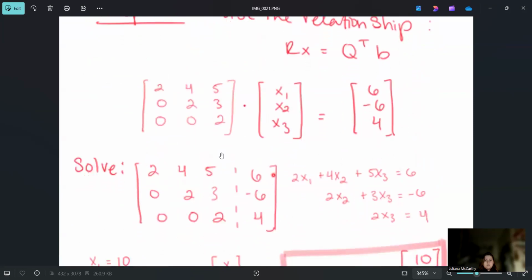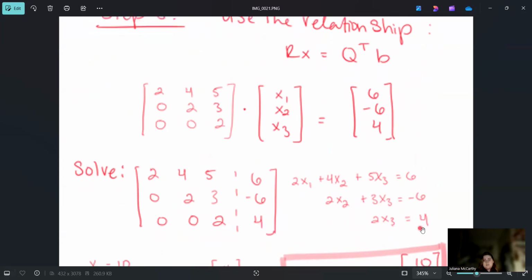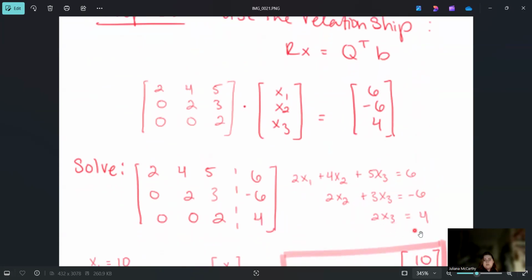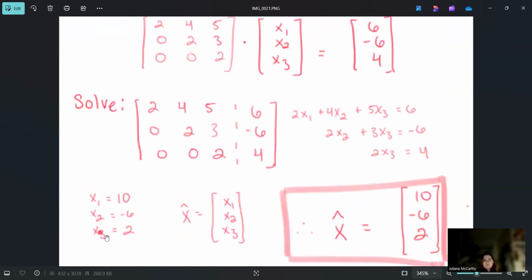So we augment it, and we don't have to use row operations on this one. We can just solve it. We start at the bottom, because we have this system of linear equations. So starting at the bottom, we have 2x3 equals 4. So getting x3 by itself, we have x3 equals 2.